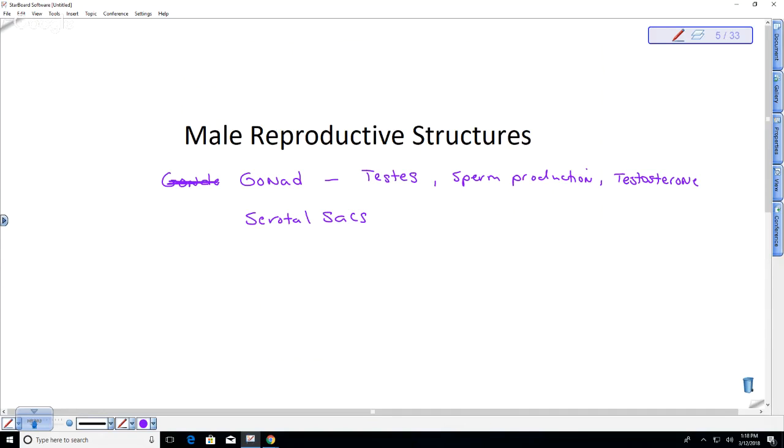Now, the function of the scrotal sacs, I would argue, is not protective. If you think about protecting the gonads, they should be in the body cavity, right? Not outside of the body cavity. So I wouldn't say it's very protective. What do you think the function of the scrotal sacs are? Yes, they are temperature regulators.